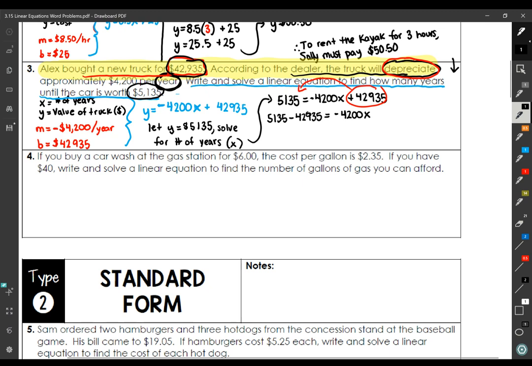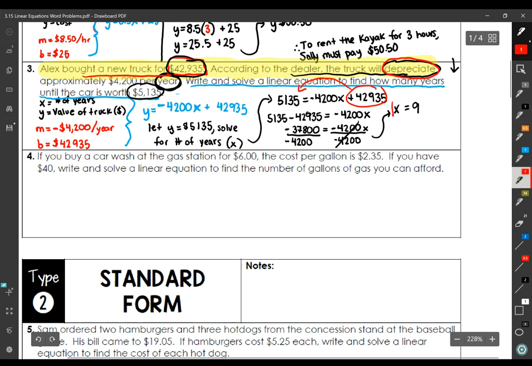Anyways, 5,135 minus 42,935, we get negative 37,800 divided by negative 4,200. Now divide both sides to get x all alone. And that gives us x is equal to 9.